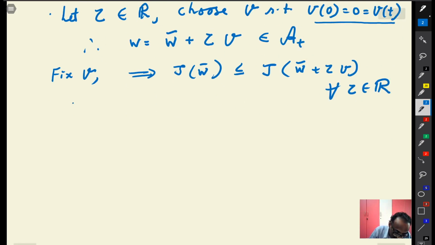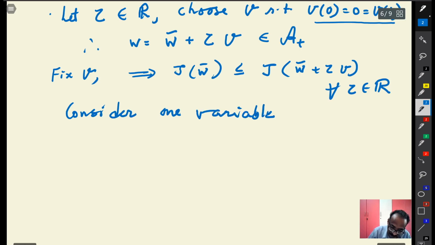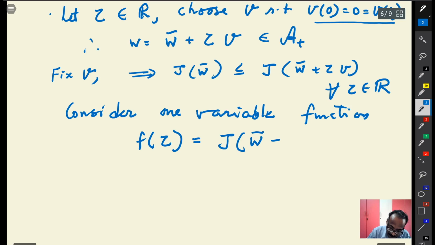I consider a one-variable function in the tau variable, f of tau, because w bar and v are fixed: f of tau equals J of w bar plus tau v.